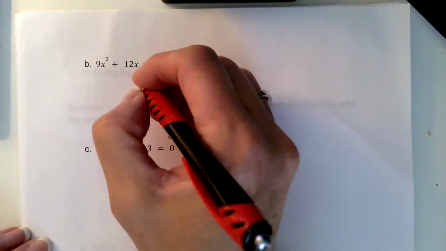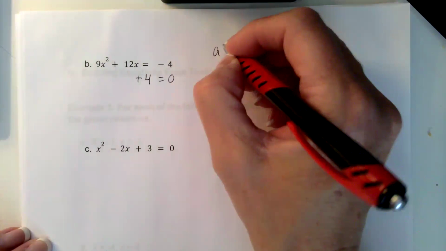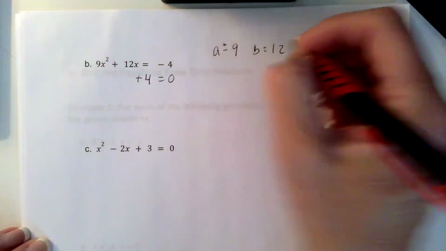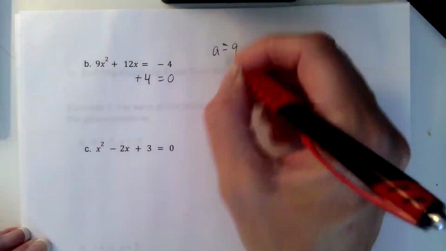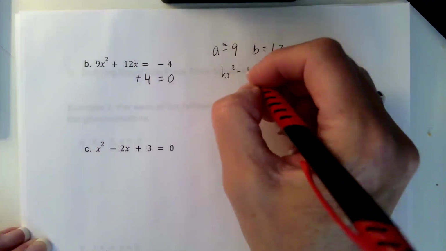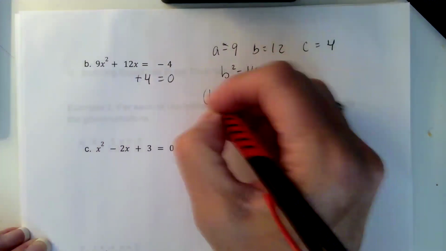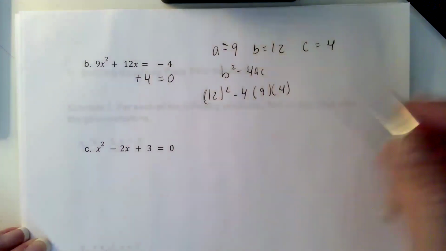So we need to actually put 4 on the other side. So a is equal to 9, b is equal to 12, and c is equal to +4. So b squared minus 4ac is 12 squared minus 4 times a times c.